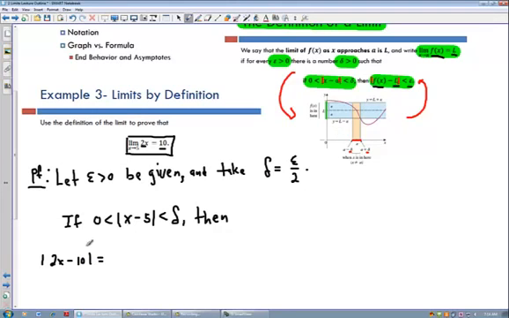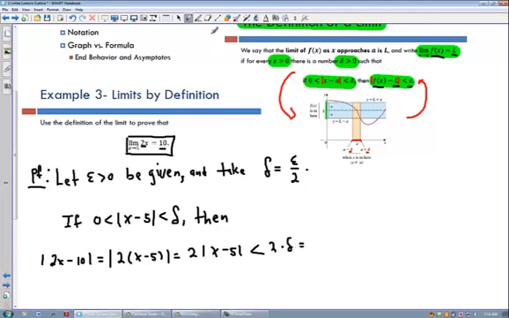So notice this is equal to, well, I can factor out a 2, so that's 2 times x minus 5. And since this is the absolute value, I can just pull out the 2, so this is 2 times the absolute value of x minus 5. And again, I'm trying to show this is less than epsilon. Now x minus 5 I know is less than delta, so this is less than 2 times delta.